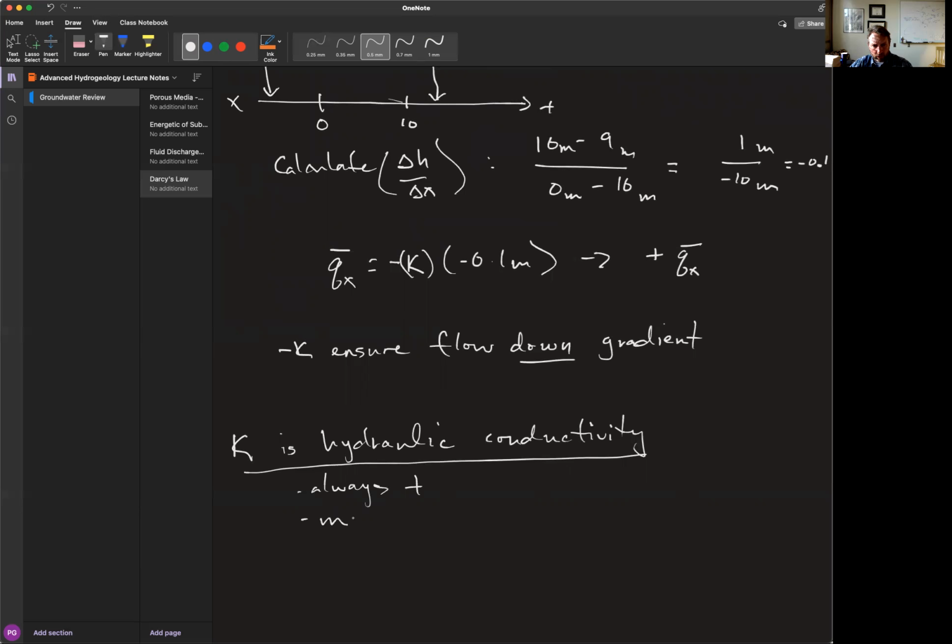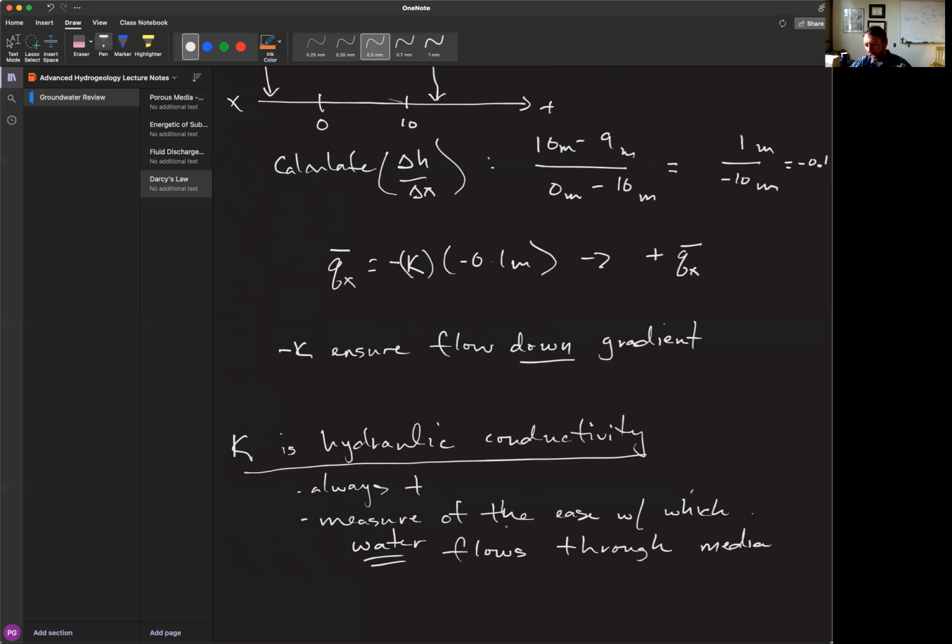And it is a measure of the ease with which water flows through rock, or through our porous media.